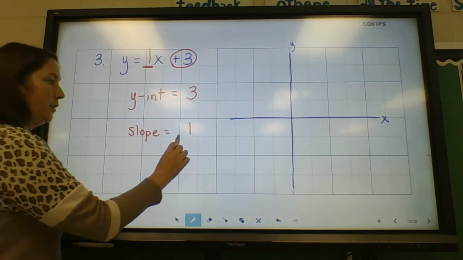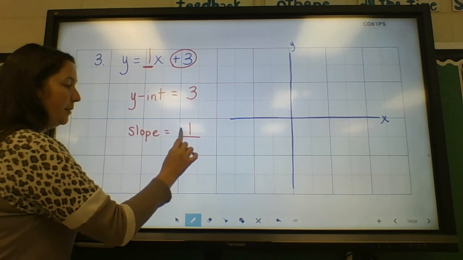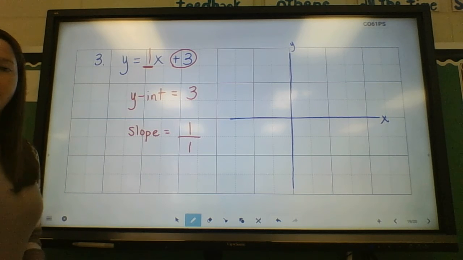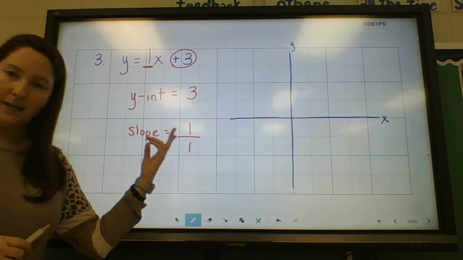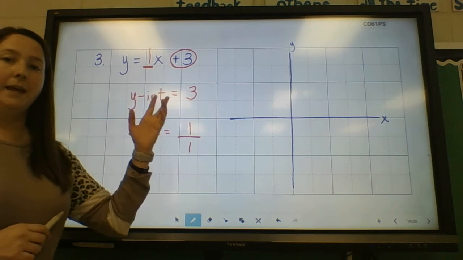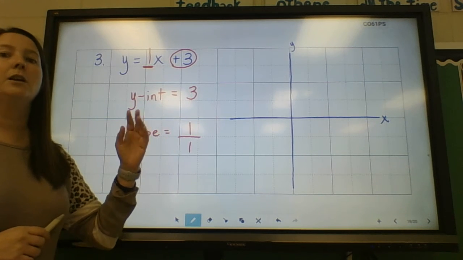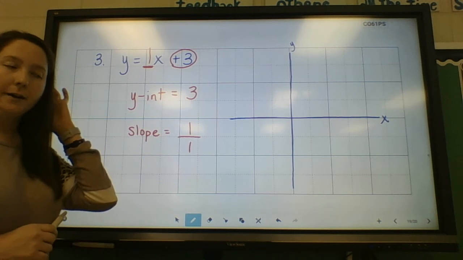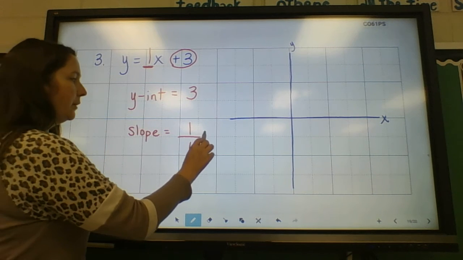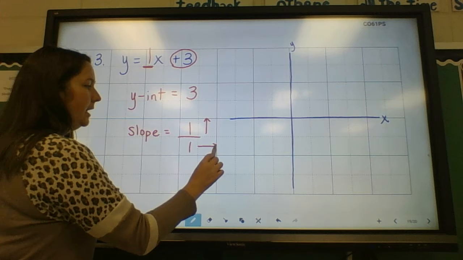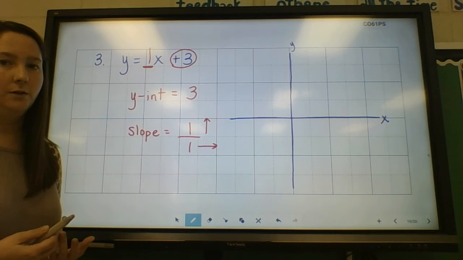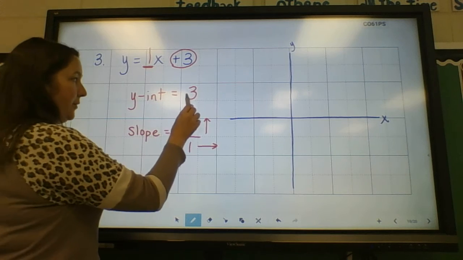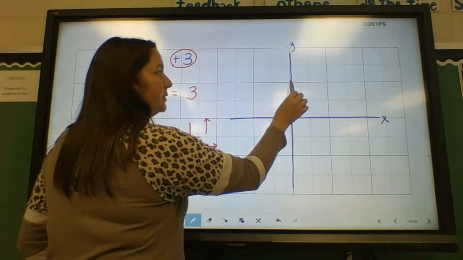I put whatever the number is over 1. If it was a 2, it'd be 2 over 1. If it was a -5, it'd be -5 over 1. Making that whole number a fraction, you put a 1 as a denominator. So we are going to rise and run. But where do I start? I start at 3 on the y-intercept. 1, 2, 3.